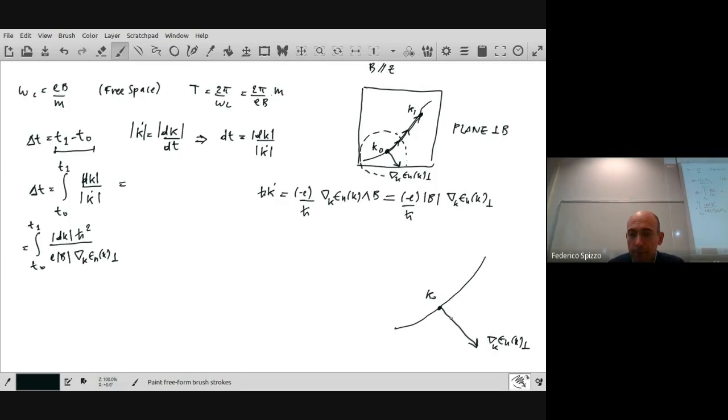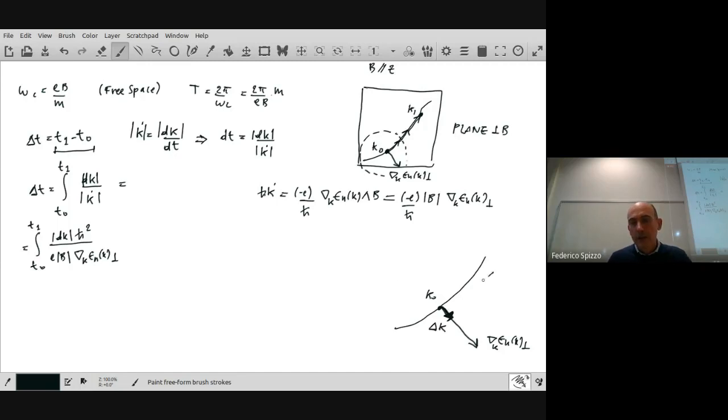So if you make a small variation in that direction using a vector that I call just delta k. So delta k is just this small vector. If you move along delta k on that direction, what happens?